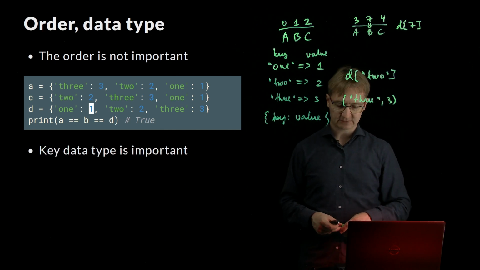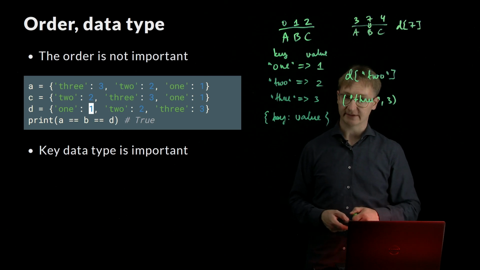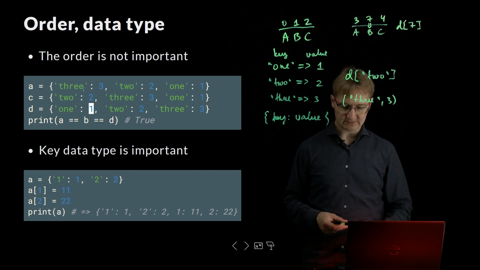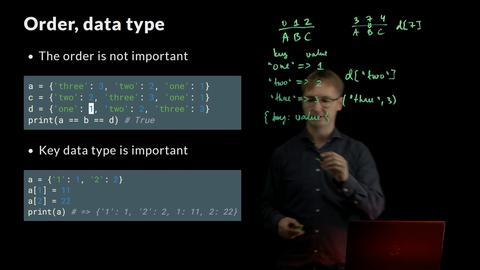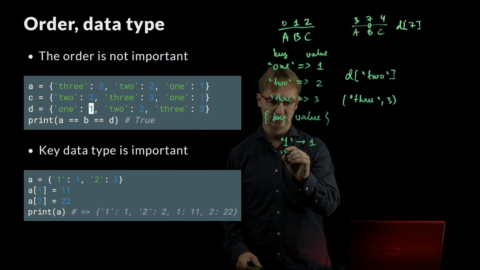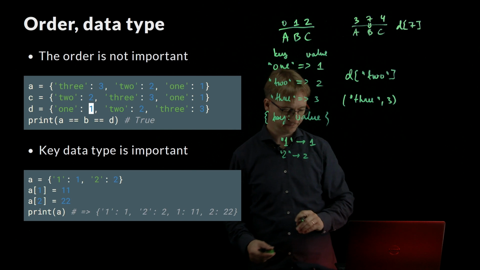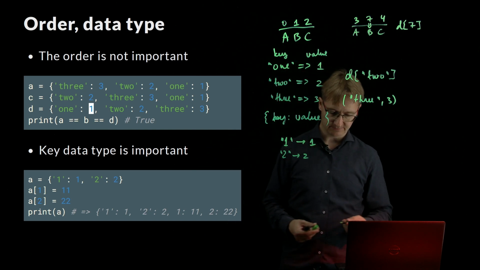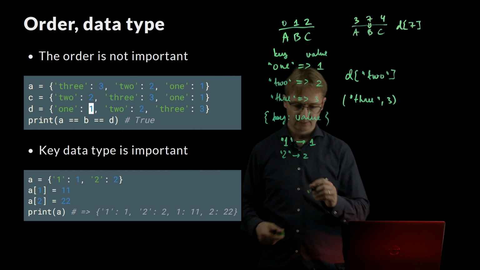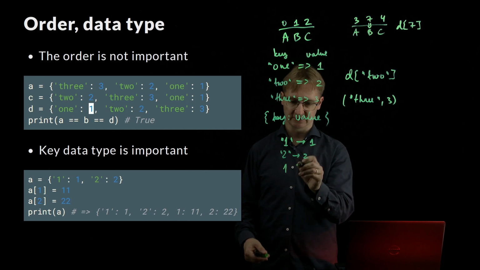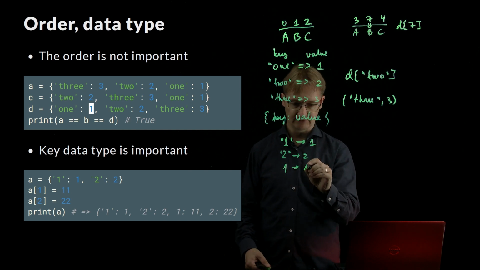But what is important is the key data type. So here I have an example. Basically, I have a dictionary where 1 points to 1 and 2 points to 2. Now, if I create a new pair, basically saying that 1, but this is the number 1, not a string, points to 11 and 2 points to 22.